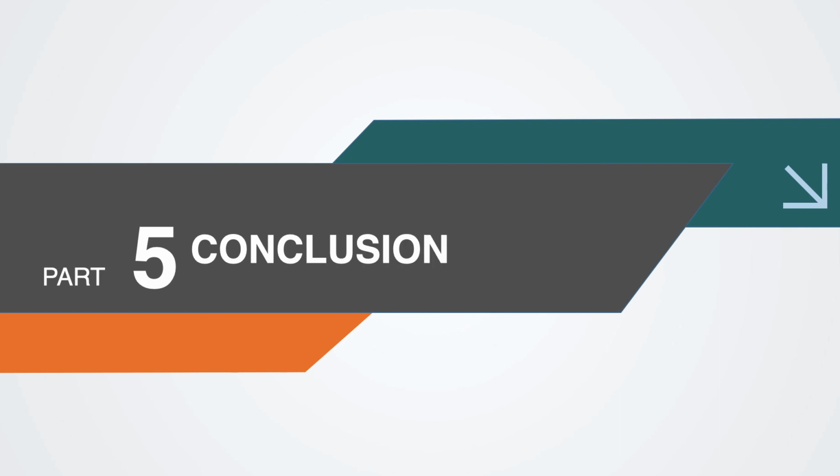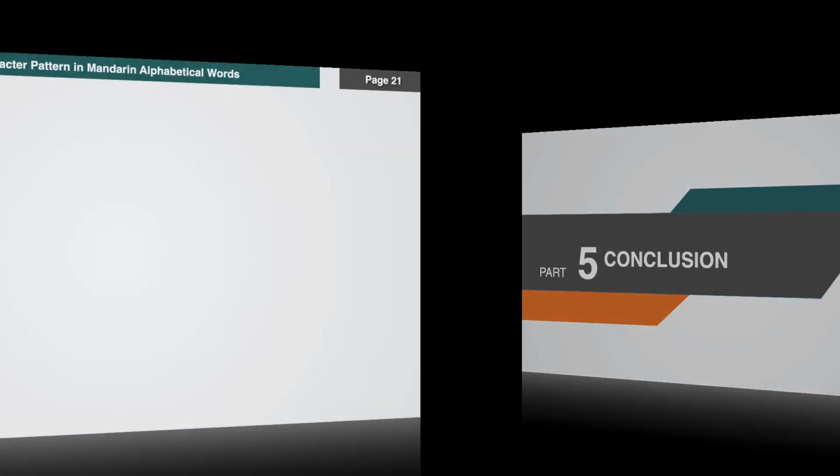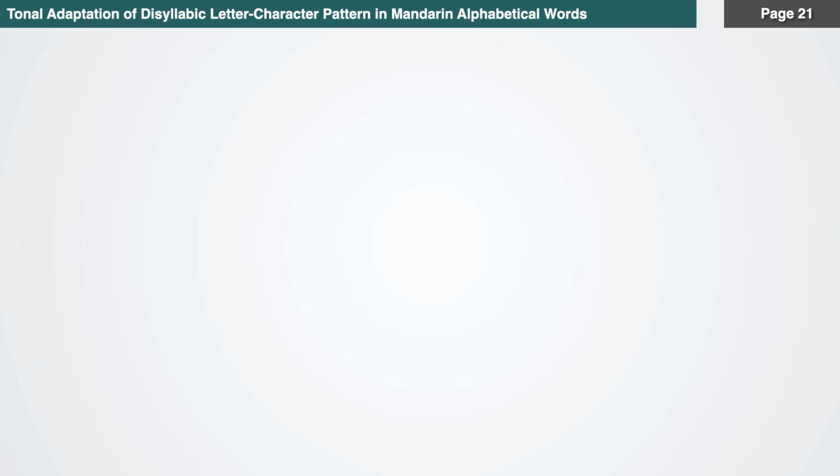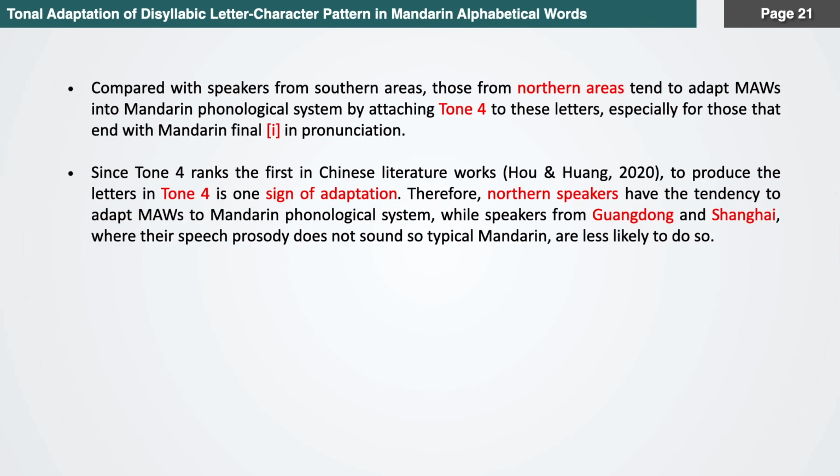Finally, let's come to the conclusion part. So, this study shows that compared with speakers from southern areas, those from northern areas tend to adapt Morse into the Mandarin phonological system by attaching Tone 4 to those letters, especially for those that end with Mandarin final E in pronunciation.